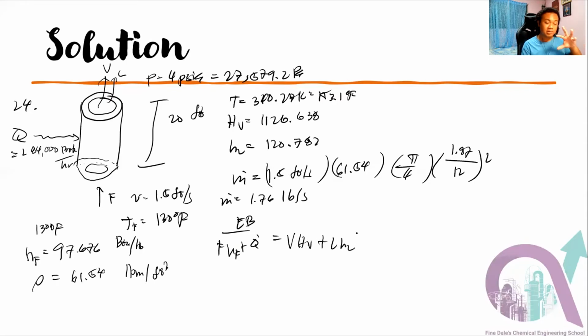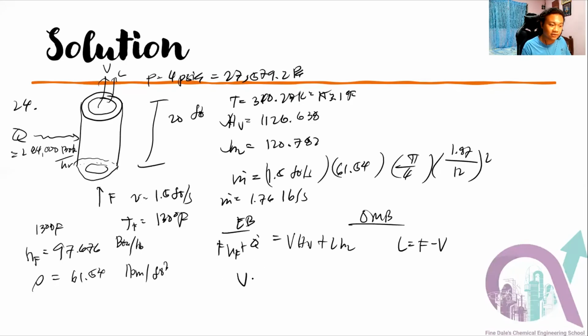Okay, substitute everything, but we don't know the L. But from the overall mass balance we know that L is equal to F minus V. So substitute, and then solve for V. Substitute everything. You have this, you have that.